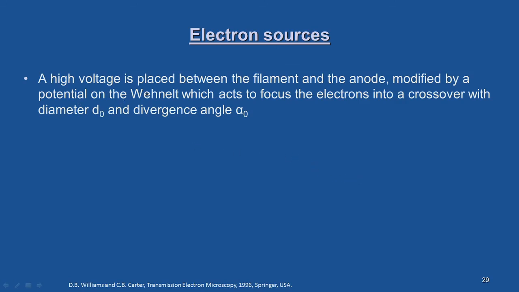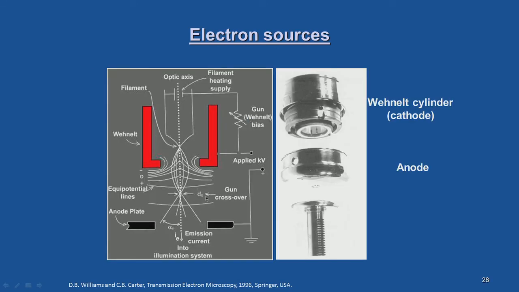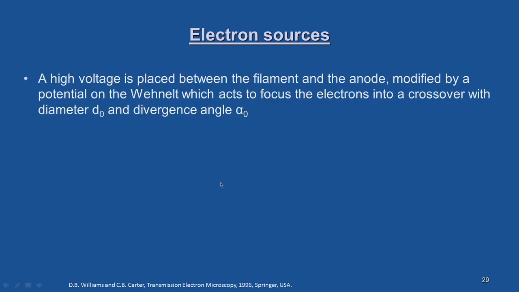A high voltage is placed between the filament and anode, modified by the potential on the Wehnelt, which acts to focus the electrons into the crossover with the diameter d naught and the divergence angle alpha naught. These two are controlled by this lens design in order to focus the electron beam.